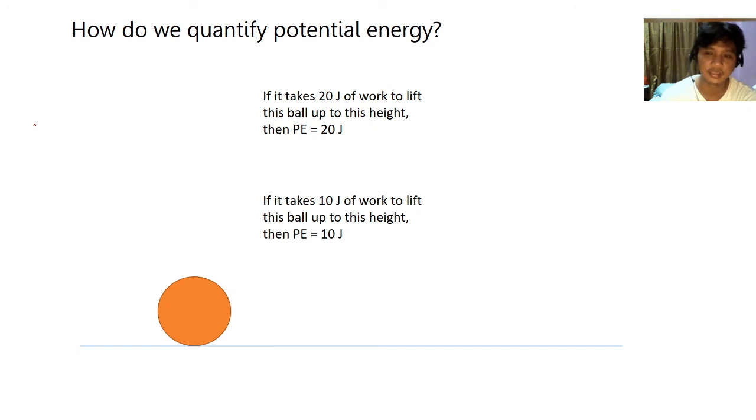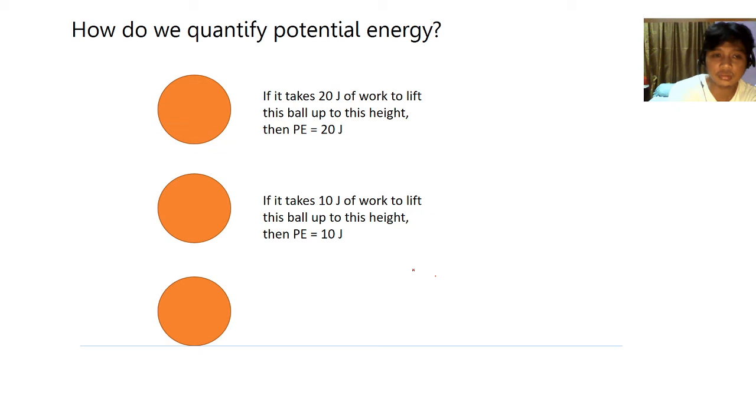What I mean is, if it takes 10 joules of work to lift this ball up to that height, then we assign that ball-Earth system a potential energy of 10 joules.